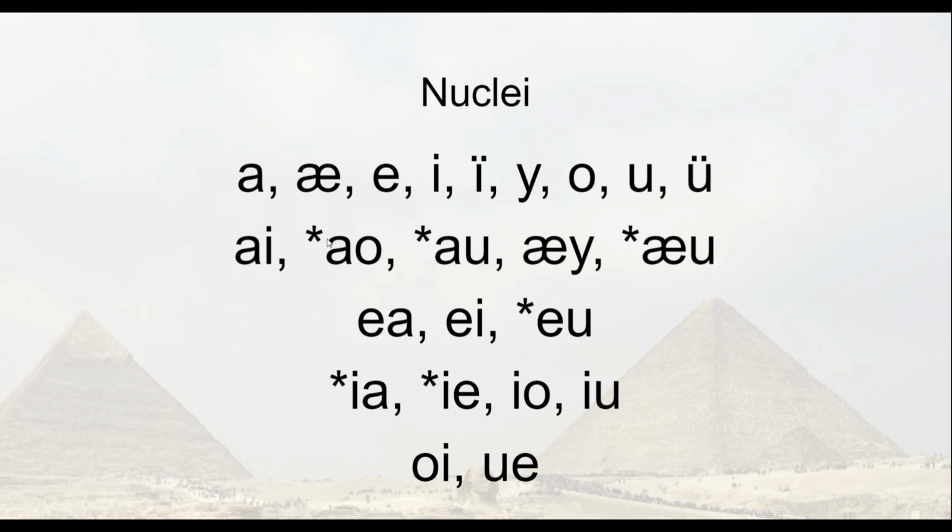The asterisks indicate that I'm not too sure if these exist, but I'm pretty sure they do. So in order, it goes ai, au, ou, ea, iu, ia, ie, io, oi, ue.